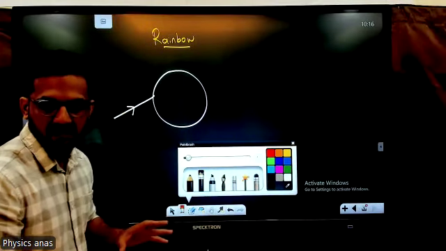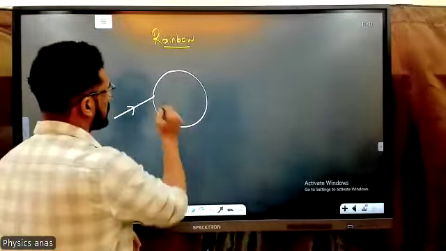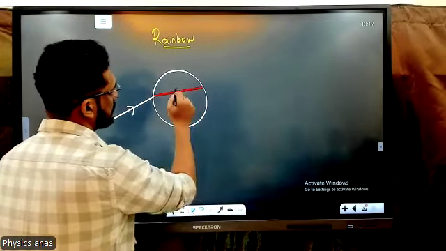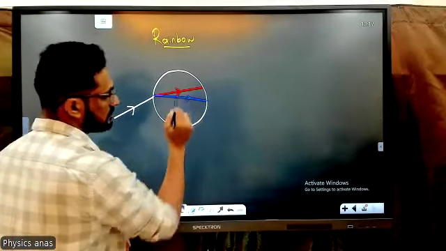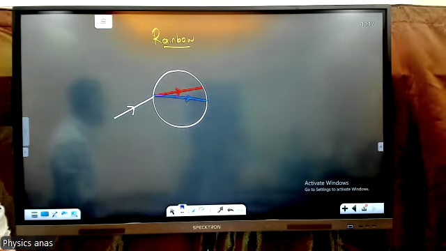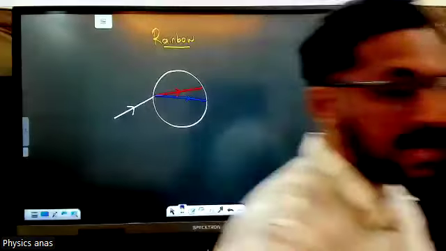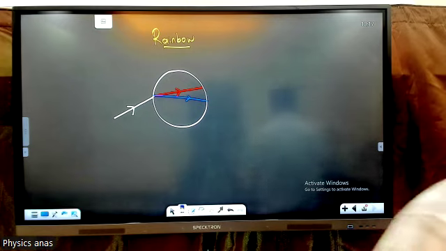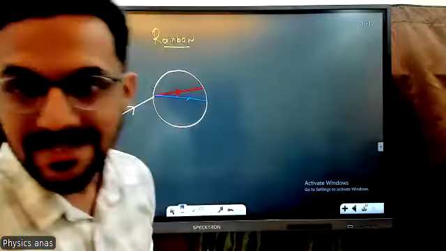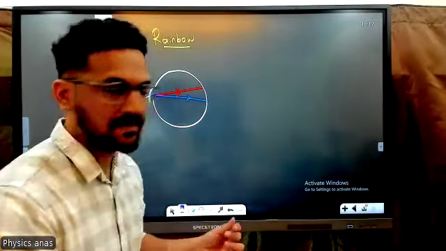Red is splitting. Violet also is splitting. When red and violet split, there will be every color in between them. You have to imagine that. I'm not drawing that.